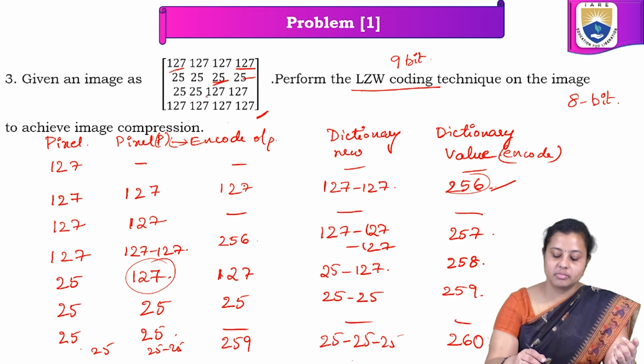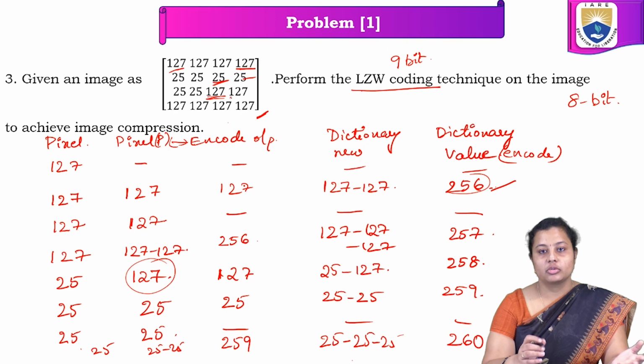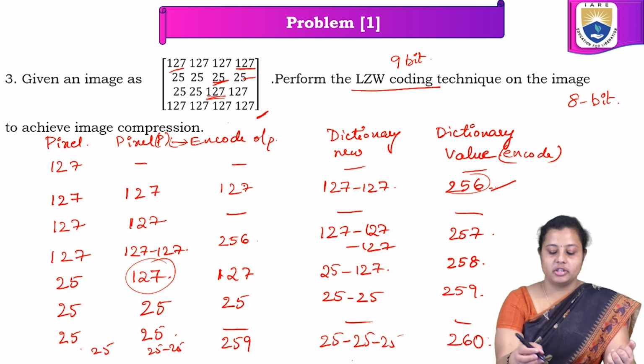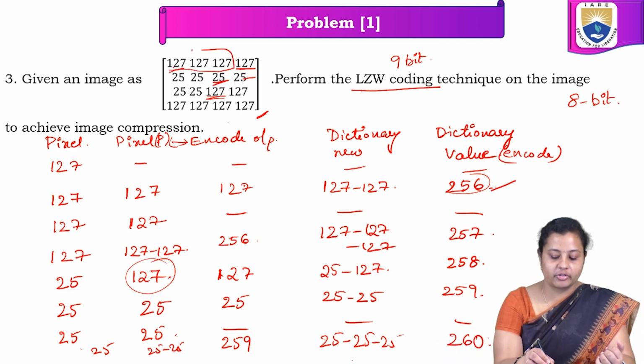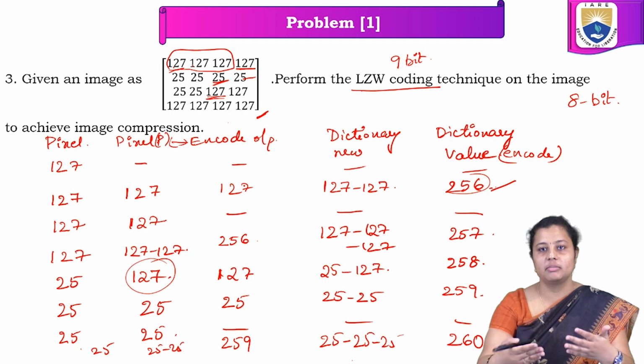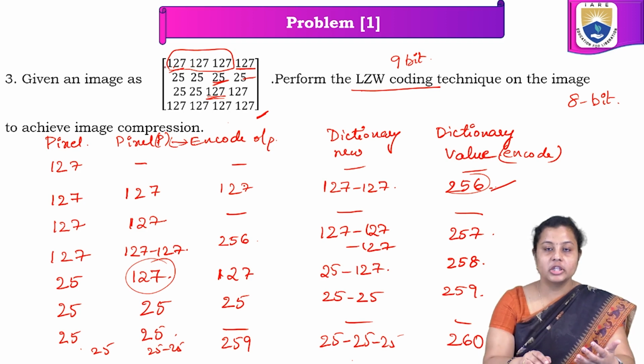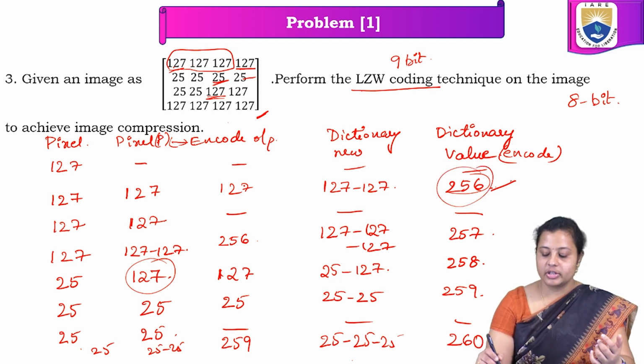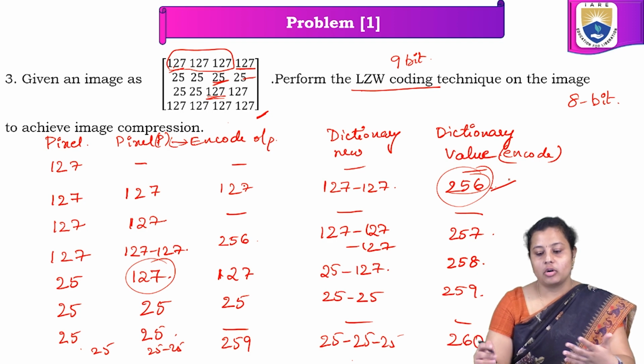So we take the next symbol, which is equal to 127. That combination doesn't exist. We add it in the new dictionary value and we code it. What is happening here is that if the combination of 127 exists in multiple positions, all these three pixels are coded by this one single dictionary value, or one symbol.